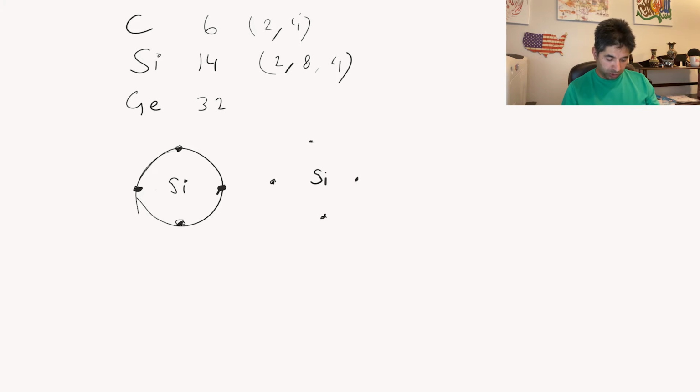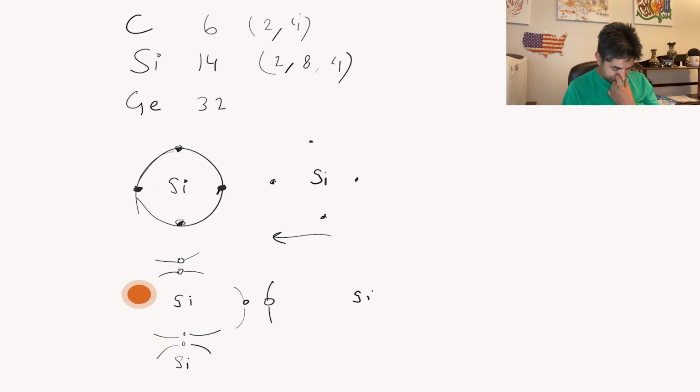What happens is, when two atoms come closer, this one has this electron and the other one has this electron. Similarly, the neighboring one has another one. There's another neighbor over here, and it also has one.